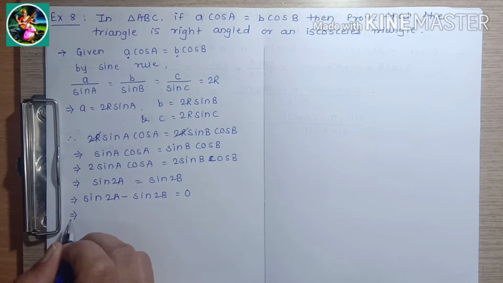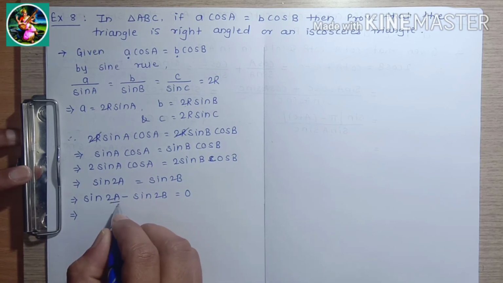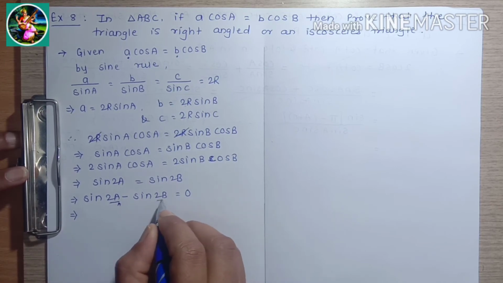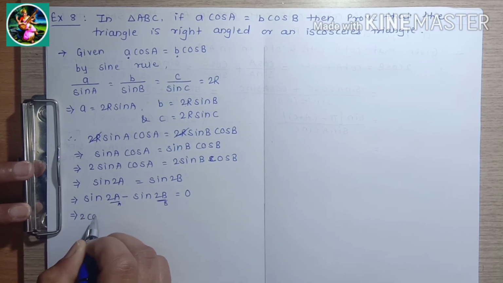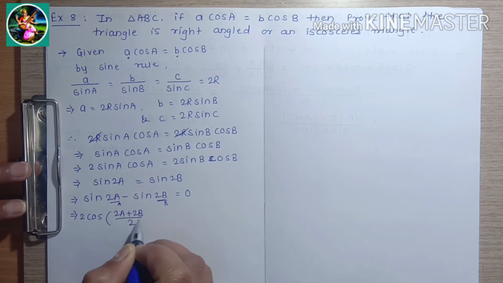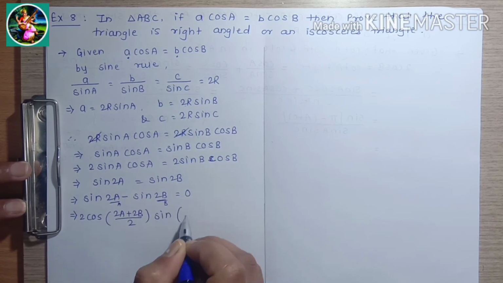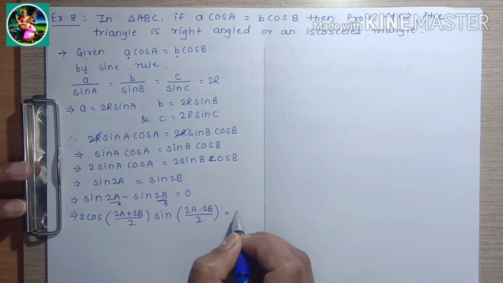Now we know the formula for sin A minus sin B, that is 2 times cos of (A plus B) upon 2 into sin of (A minus B) upon 2. Instead of A we have 2A, and instead of B we have 2B. Therefore we write this formula as 2 times cos of (2A plus 2B) divided by 2 into sin of (2A minus 2B) divided by 2 is equal to 0.